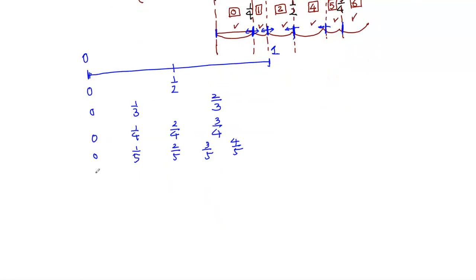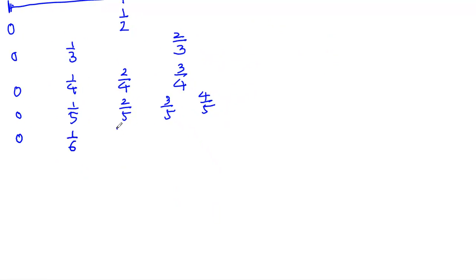Keep going. 6 is what? 1/6, 2/6, 3/6, 4/6, 5/6. 7: 1/7, 2/7, 3/7, 4/7, 5/7, and 6/7.